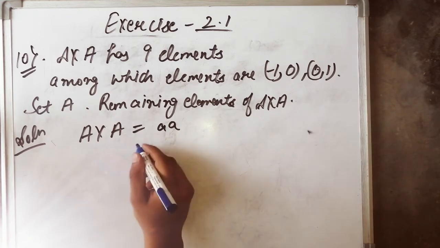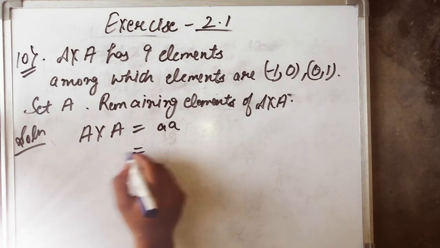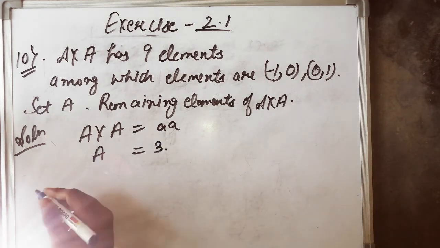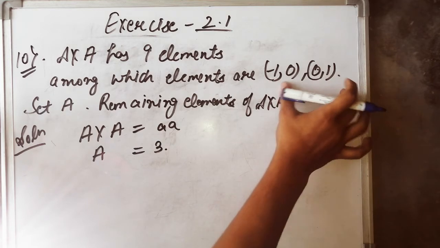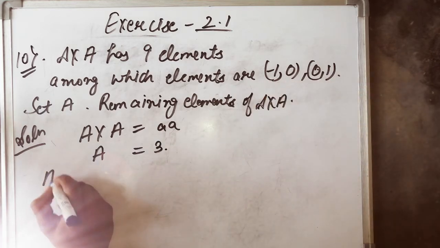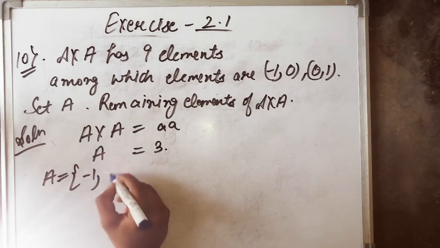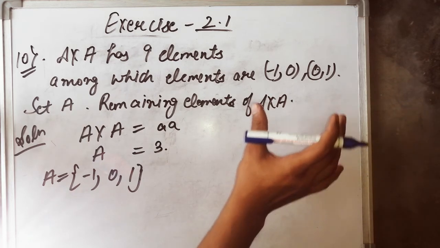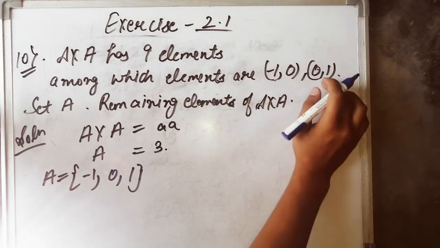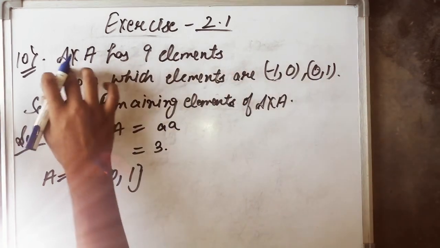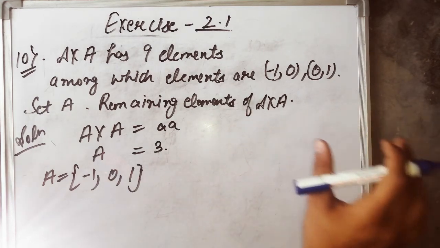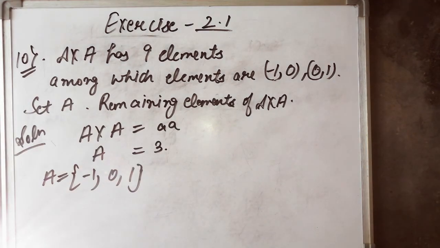So from here we can write that set A has 3 elements, and the elements of set A are -1, 0, 1, because -1 and 0 are repeated. -1 and 0 come from the one set and 1 is also from the A set, because the Cartesian product is given of A cross A. I am leaving the remaining elements of A cross A for you guys to find out. Don't hesitate to ask questions in the comment section.